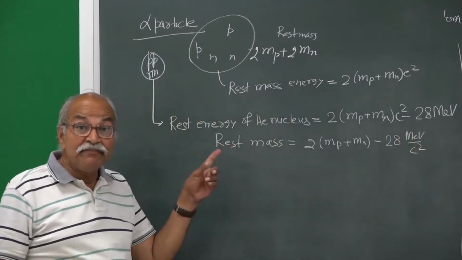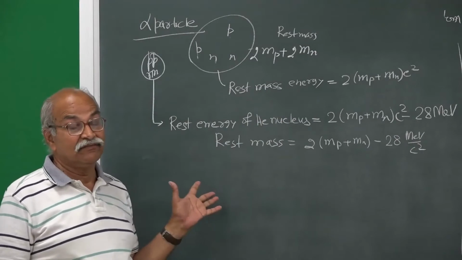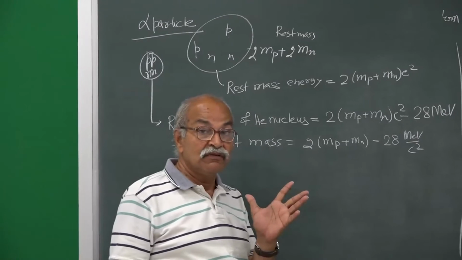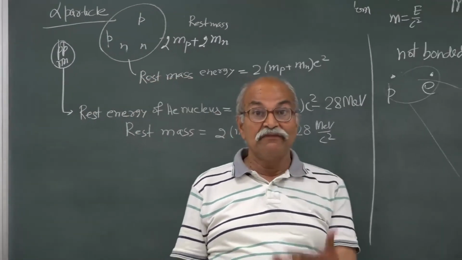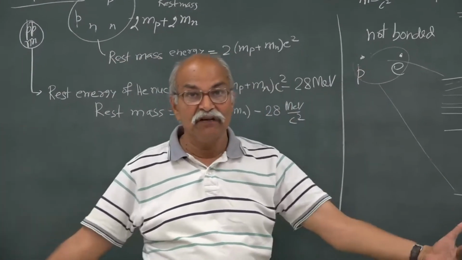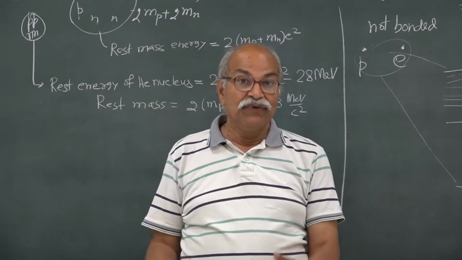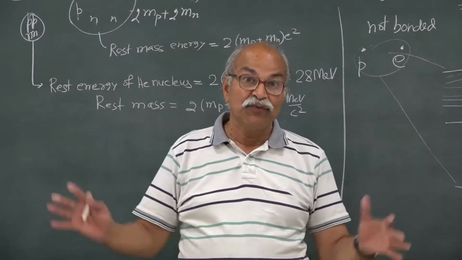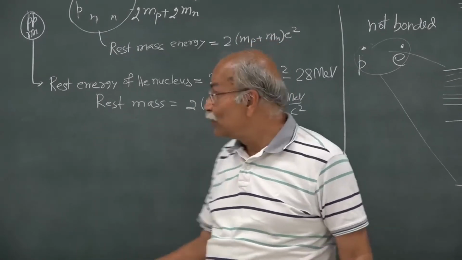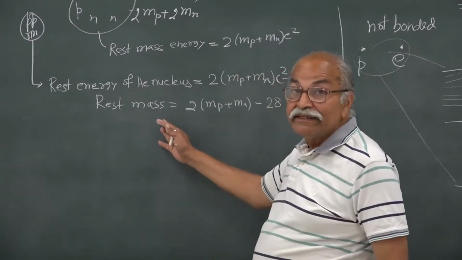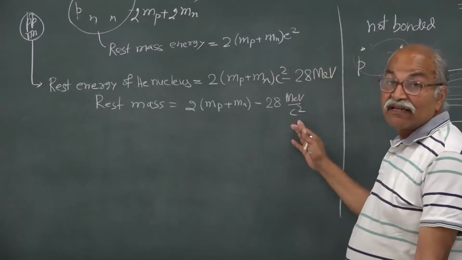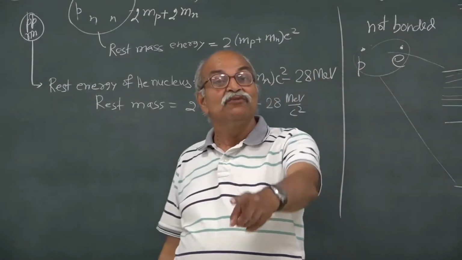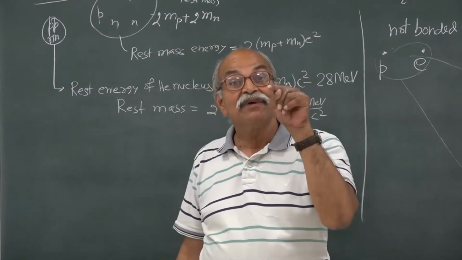And these are experimentally measured quantities. You can very accurately measure the mass of a proton, the mass of a neutron, the mass of an alpha particle. You have instruments and methods, so very accurate measurements are available for all the nuclei in fact, and from those measurements we know that the rest mass of helium is about 28 MeV/c² less than 2 times the proton rest mass energy plus 2 times the neutron rest mass energy.